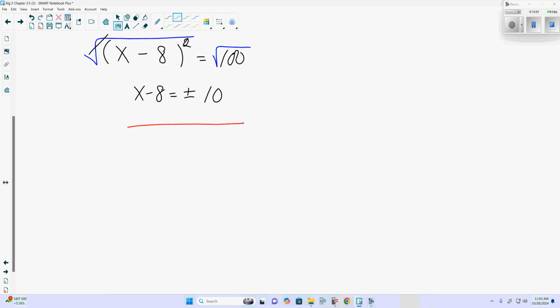And last but not least, to solve for x, we will add 8 to both sides, telling us x is equal to, because the negative 8 plus 8 is 0, we have 8 plus or minus 10. Can we add 8 and 10?